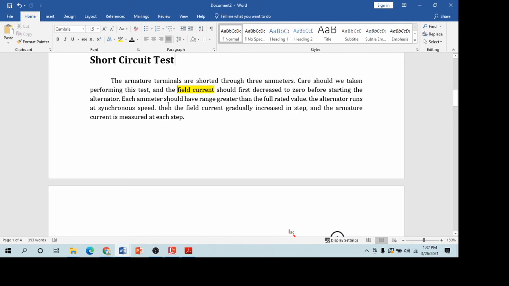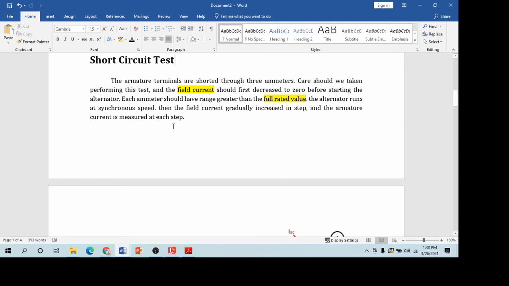Each ammeter should have a range greater than the full rated value. So check the nameplate first before measuring, and take note of that data so that you can set your meter to the highest range, greater than the full rated value.